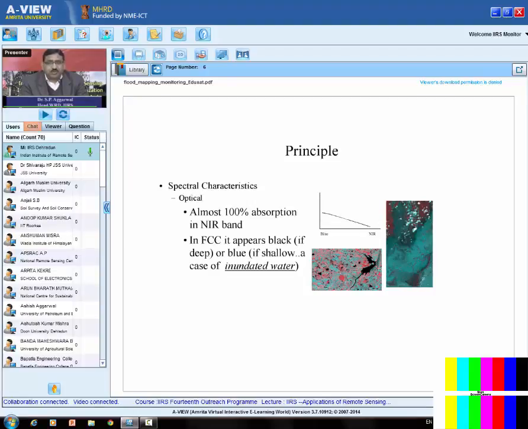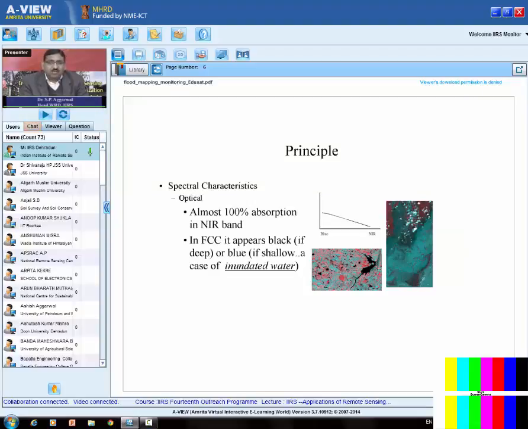But the second important thing is it is not only tone, it is the texture. If you want to differentiate between a sand area and an urban area, in a sand area you will find a smooth cyan color, while in an urban area you will find the texture of fragmented cyan color. Zigzag cyan color, you will find road network, all these things.